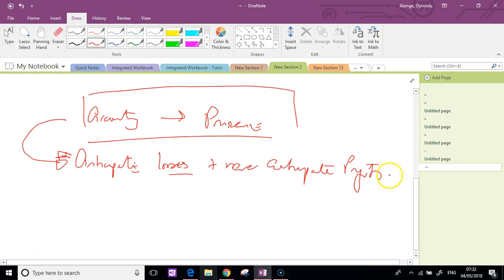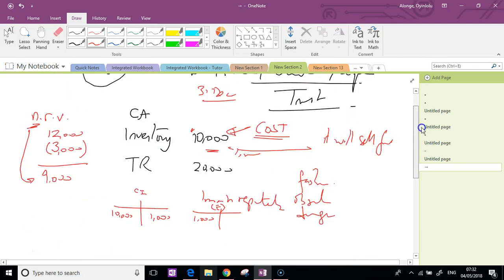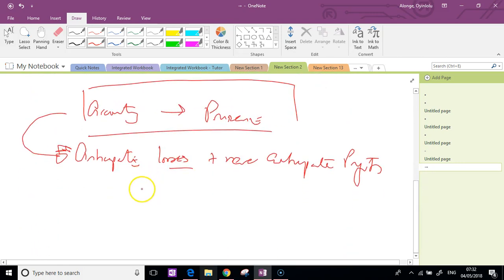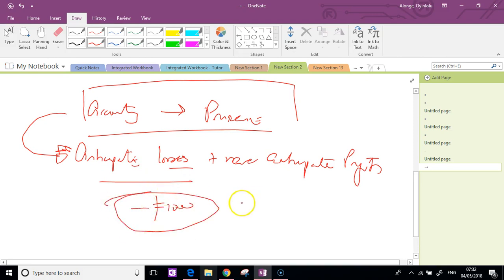So, going back to my inventory scenario, I see a potential loss, for whatever reason, and the potential loss is the loss of £1,000. So we must anticipate that and therefore deduct that £1,000 from our closing inventory, get rid of it.